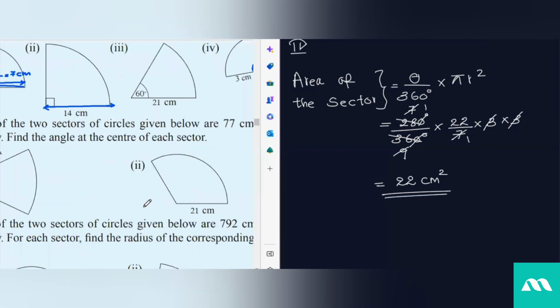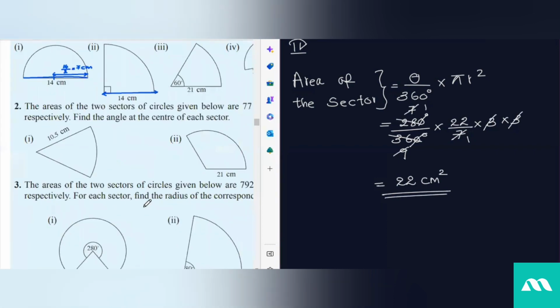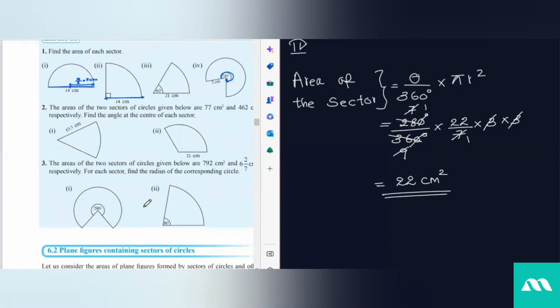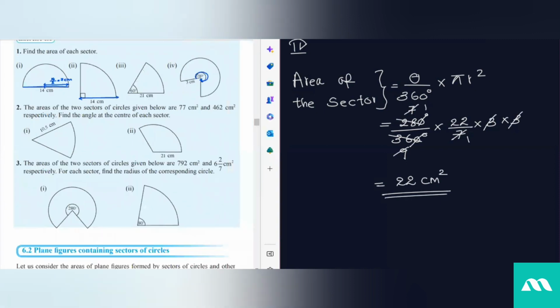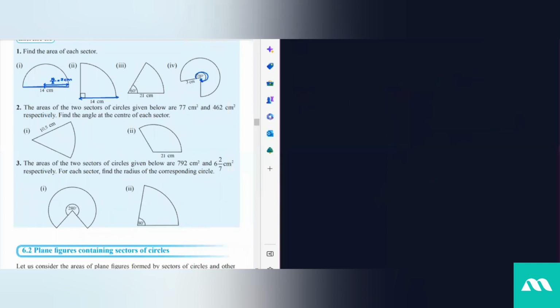Then let's move to the second question of the exercise. Here if you read the question carefully, you can identify what they have given. The area of the two sectors of a circle given below are 77 square centimeters and 462 square centimeters respectively.